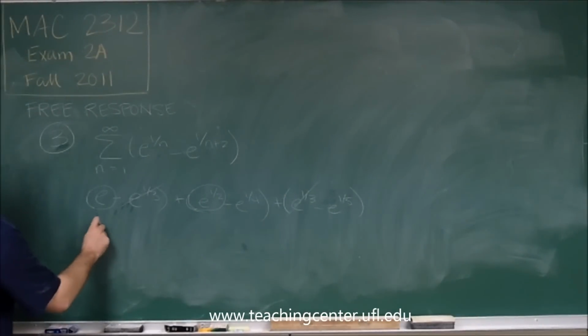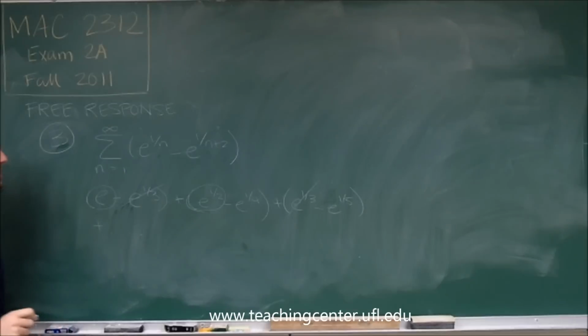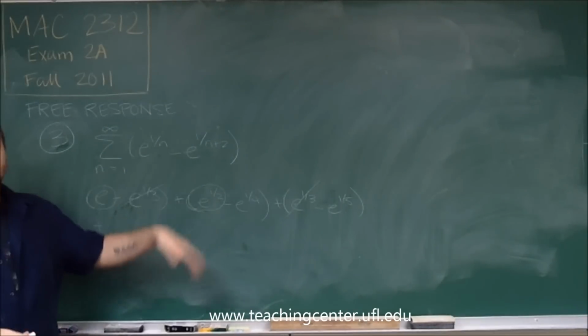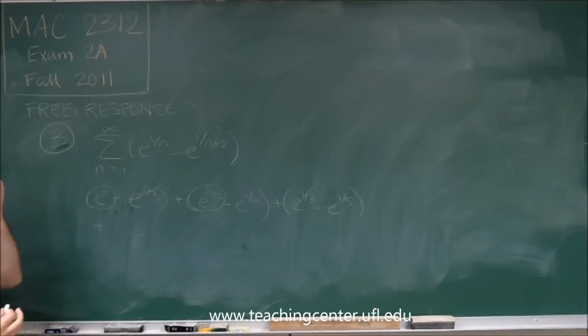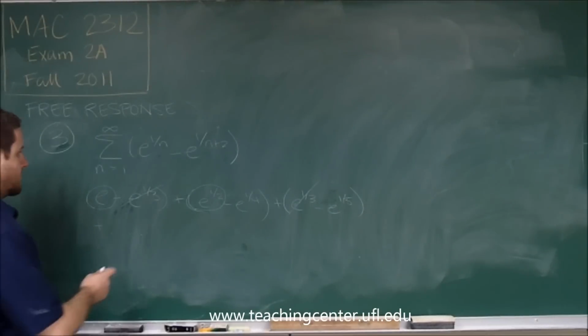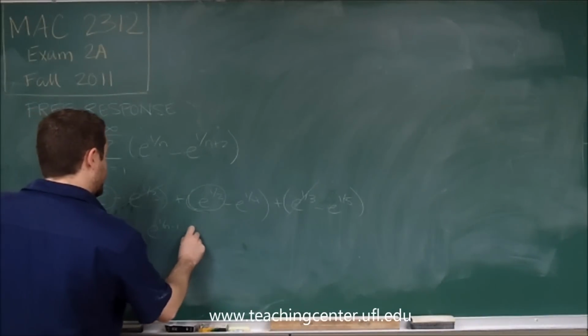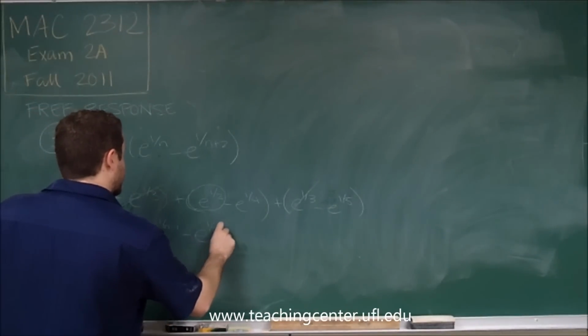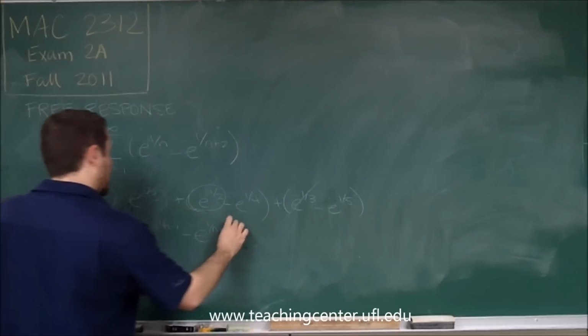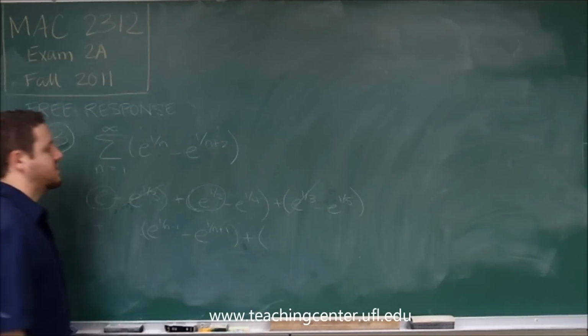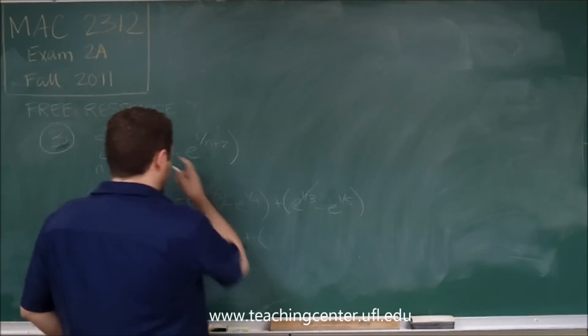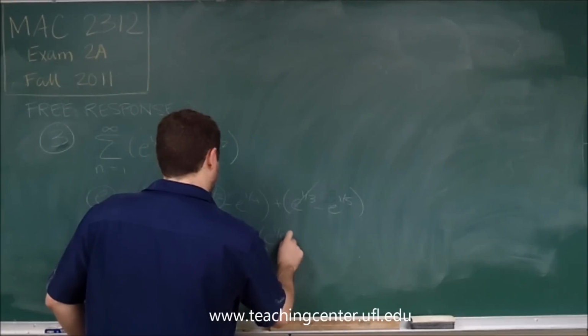Now let's see what happens at the tail end of the series as we get closer to our term just being n. For the n minus 1th term, we have e to the 1 over n minus 1 minus e to the 1 over n plus 1. And finally, the very last term, the nth term, is going to be exactly what it says here.